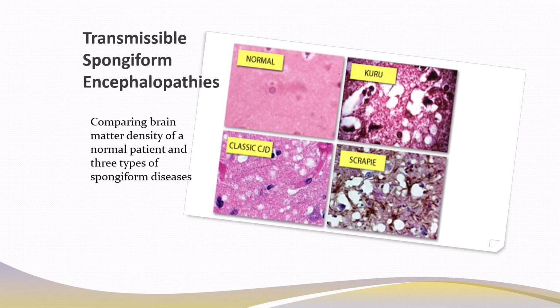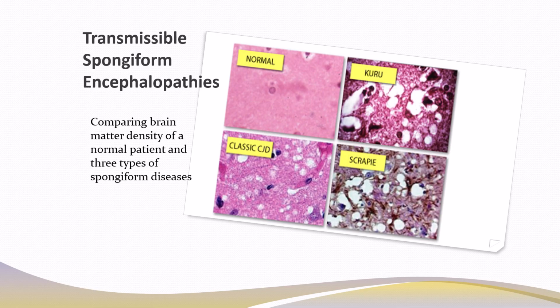So here we can see a normal brain, what we should be seeing, nice and healthy, whereas in those other examples, Kuru, Creutzfeldt-Jakob disease, and Scrapie, we can see those white spaces start to form where the brain is being eaten away by those prions, those infectious proteins.